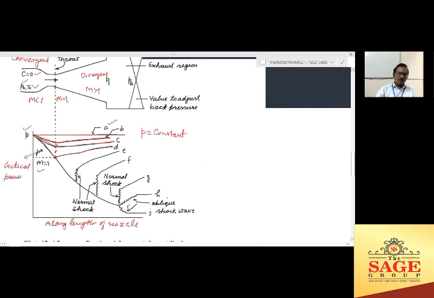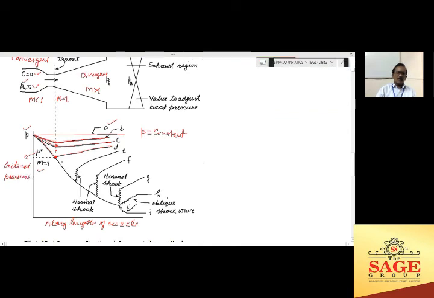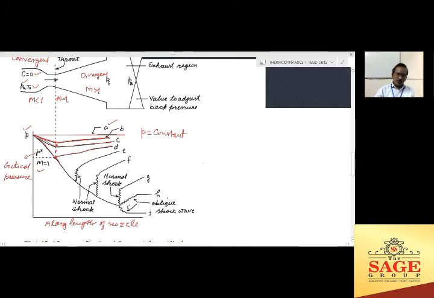Now you will see here, if we are further decreasing the pressure, because here we have reached the condition M equal to 1, the pressure is the critical pressure, and the Mach number is equal to 1. And if we are further decreasing the back pressure by adjusting the valve, then we are following this curve.